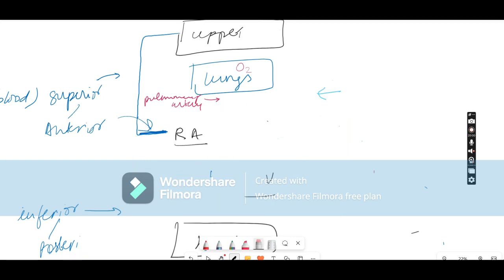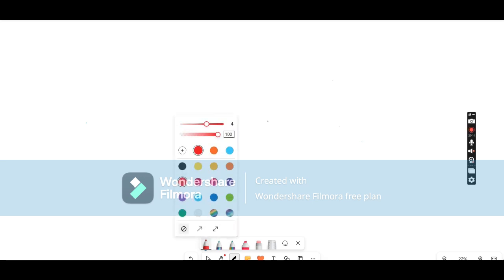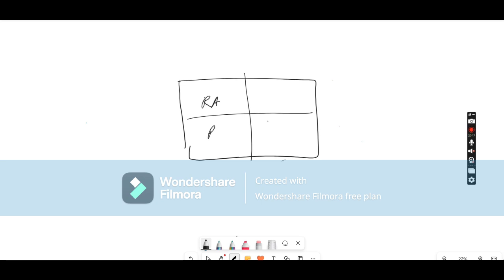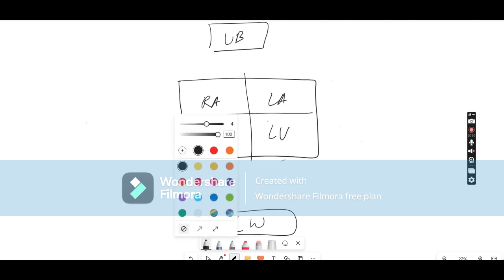Okay, now I hope you have understood how the heart works. Let us draw a very clear diagram which helps you understand it better. So this is the right atrium, right ventricle, left atrium, left ventricle. Then this is the upper body, this is the lower body, and then we have the lungs as well.